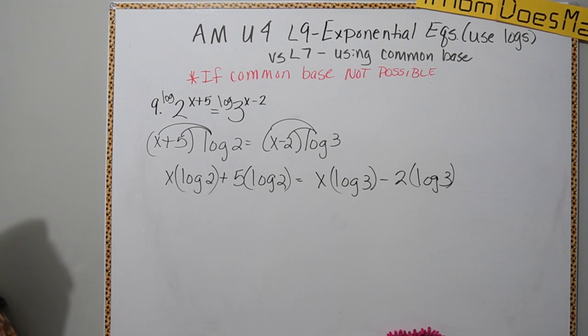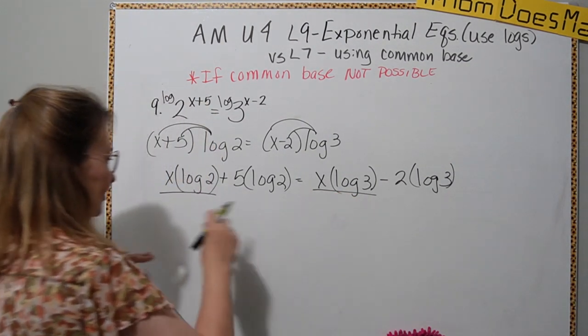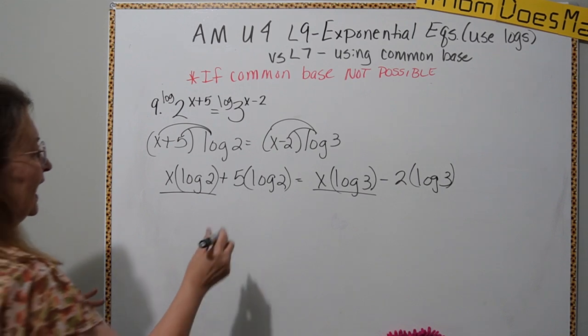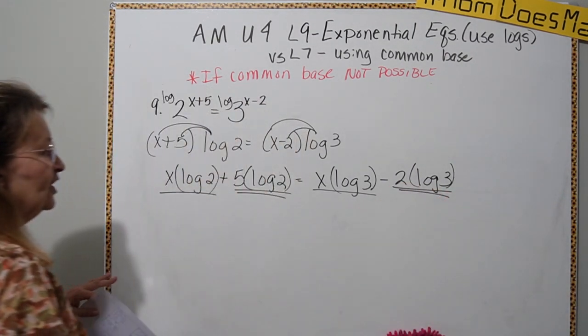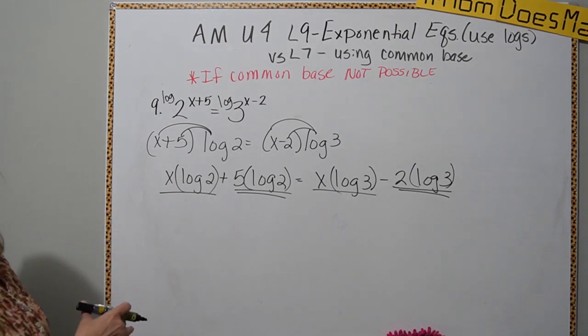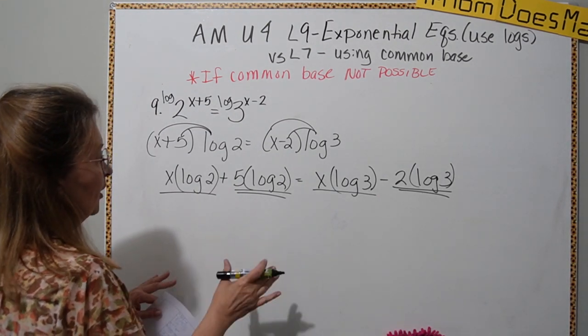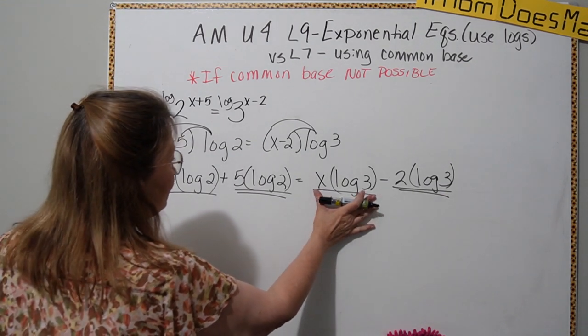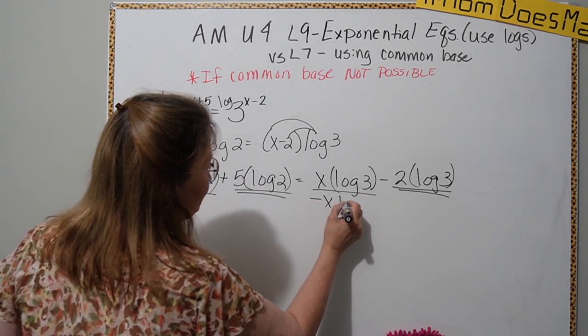Okay. Now, this is a variable term and this is a variable term, and they're on opposite sides. And this is a constant term and this is a constant term. So I'm going to switch everything. And I'm going to do it in one step, so pay attention. I'm going to move this over here by subtracting it from each side.